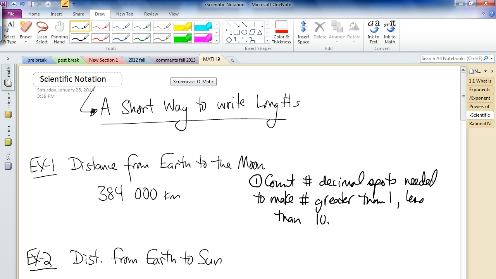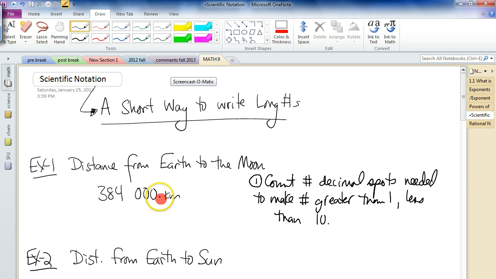So here's what I mean. This number here has an imaginary decimal right there at the end, as all numbers do, if it's not there to see. And what you want to do is move the decimal and count the number of spots needed to make this number greater than 1, but less than 10.